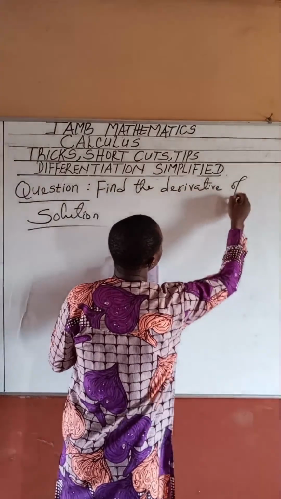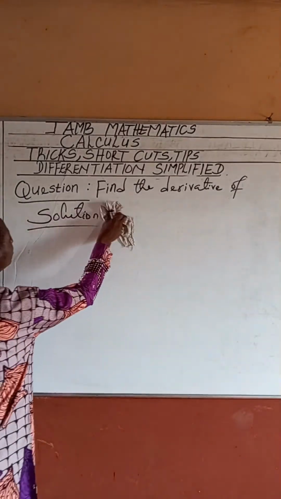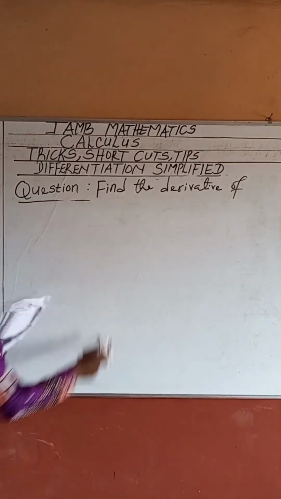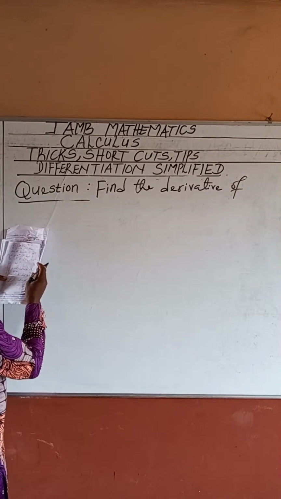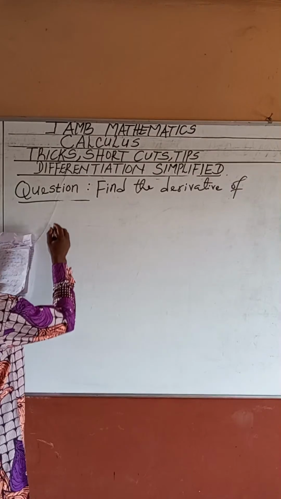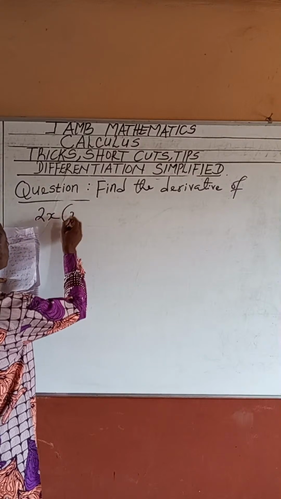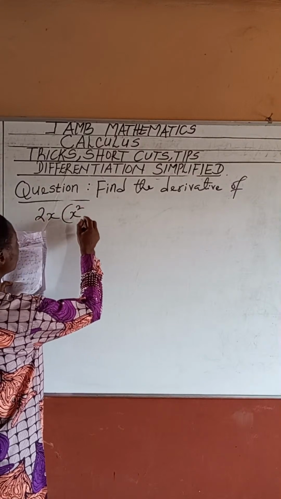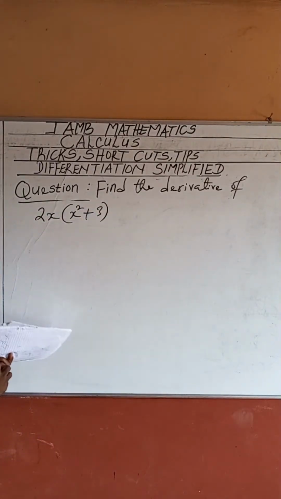Find the derivative of y equals 2x open brackets x squared plus 3. Yes, we have to find the derivative.